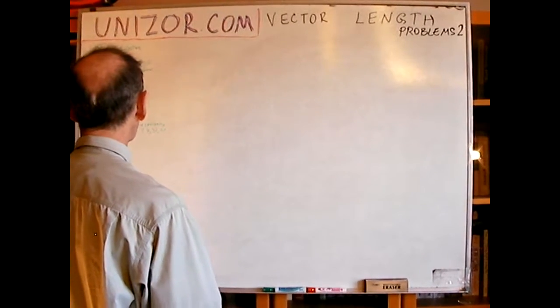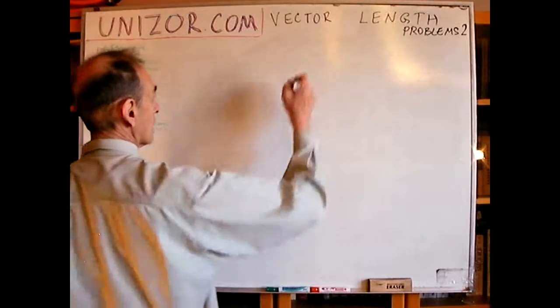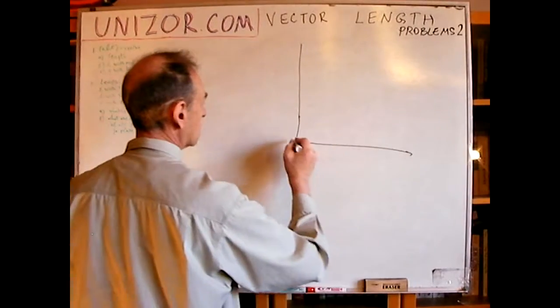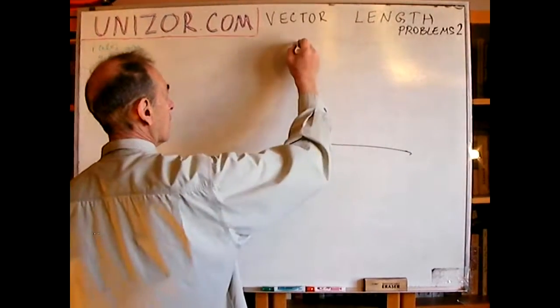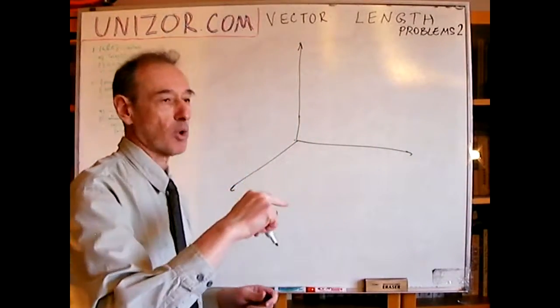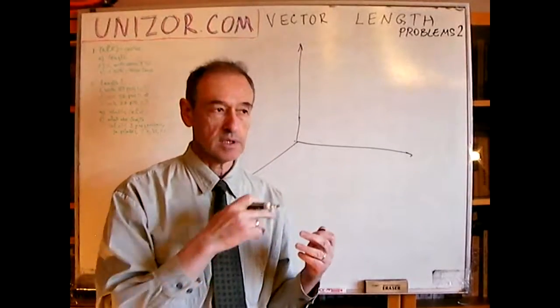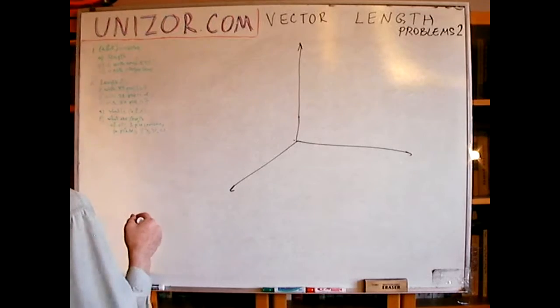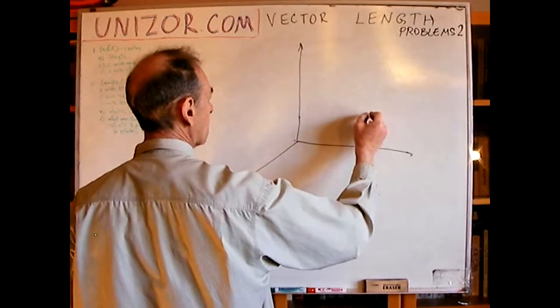We know about the vector. Well, it's basically kind of the opposite problem. In the previous problem, we knew the tuple representation A, B, and C. Now we know something else. We know the length of the vector.